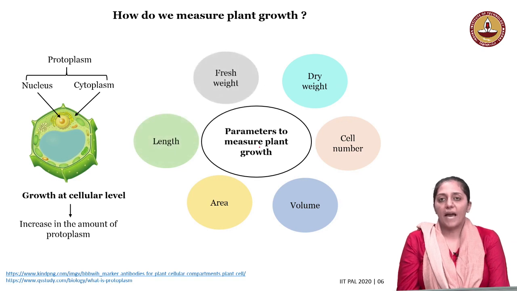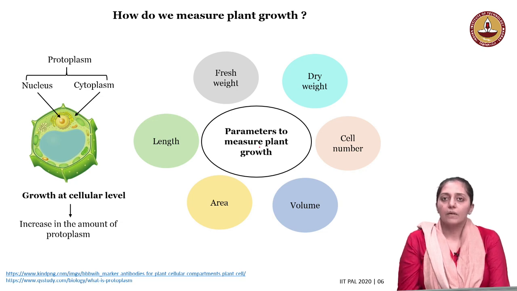Now, there are different parameters which are used to measure plant growth. I hope you can understand that it is not practically possible to measure growth at the intracellular level all the time. So, there are indirect parameters which have been brought in to depict the plant growth.